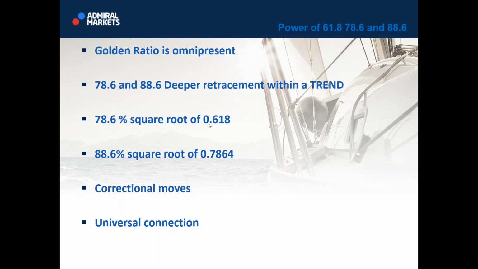78.6 is a square root of 0.618. 88.6 is a square root of 0.7864. Now, if you have watched my webinar about high momentum trading, which will be part of price action trading, as that is a part of practical naked trading which I developed 5-6 years ago, you will learn again how to trade exactly from 78.6 and 88.6.